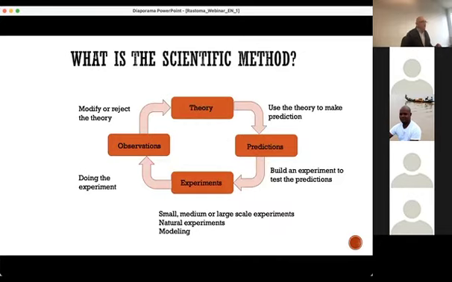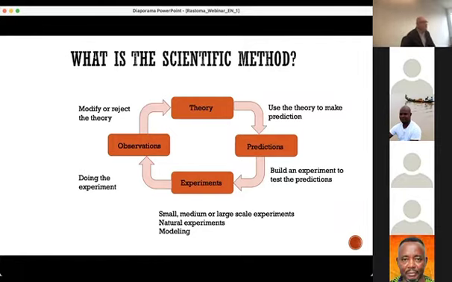For science, you must do also theory, prediction, experiment. What kind of experiment? I present here 3 different kinds of experiment: small, medium, or large-scale experiment, natural experiment, modeling.